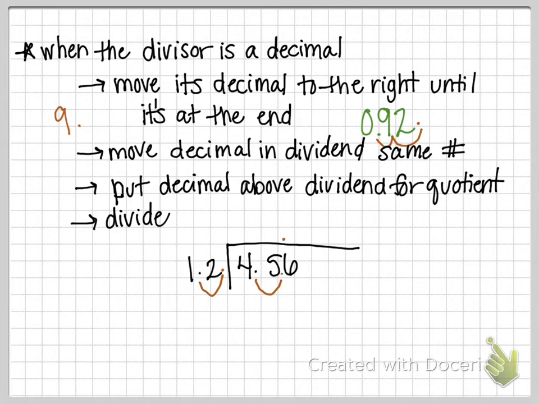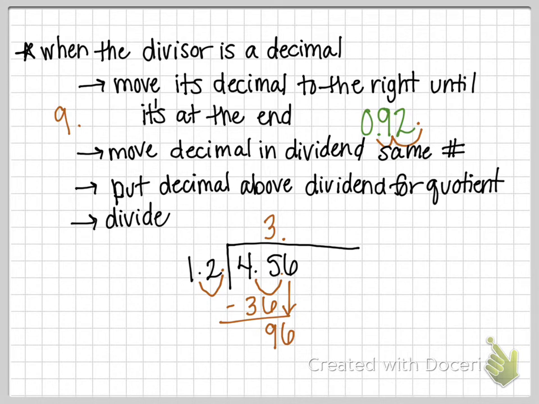So let's do the division. 12 goes into 45. 3. 3 times 12 is 36. Subtract, 9. Bring down. Okay, make sure you're lining everything up properly.